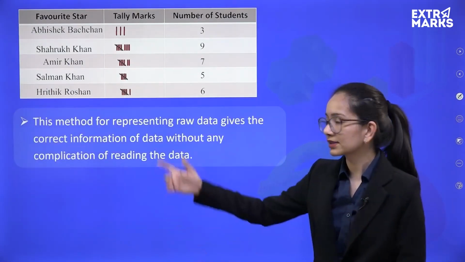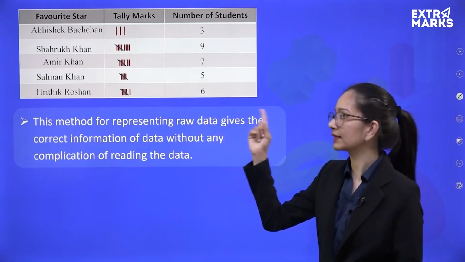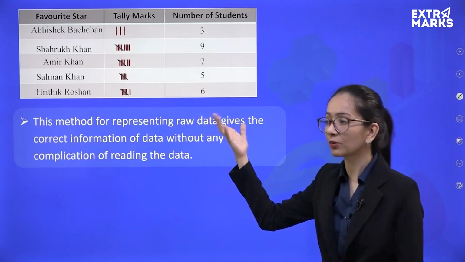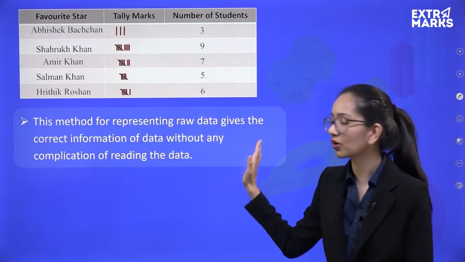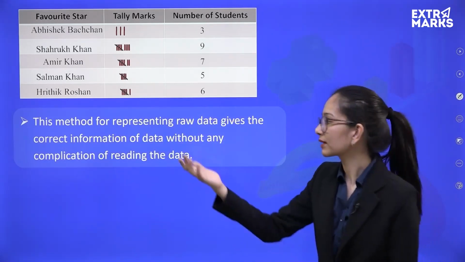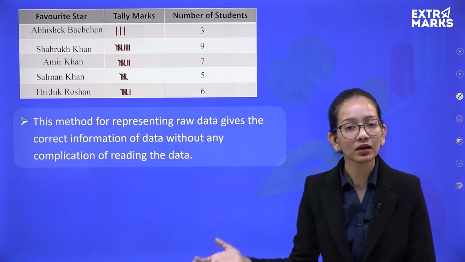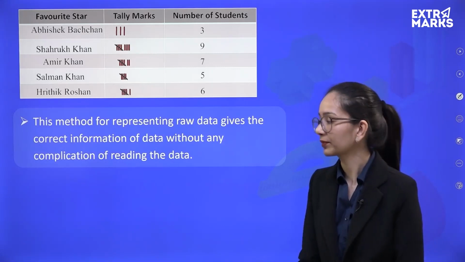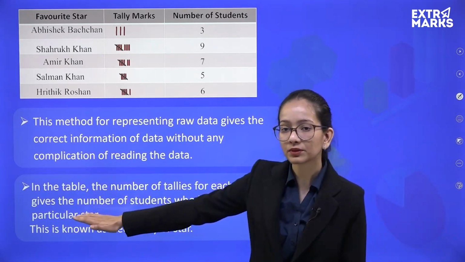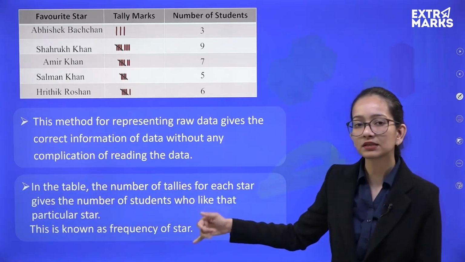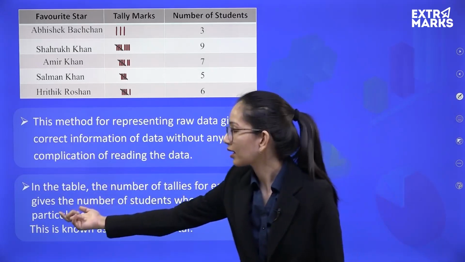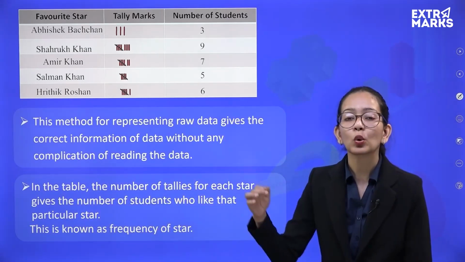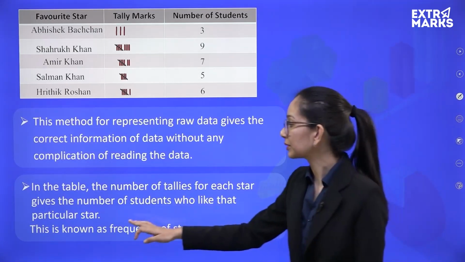So we have converted the raw data into this form. This method for representing raw data gives you the correct information without any complications of reading the data. And in this table, the number of tallies for each star gives you the number of students who like that particular star.